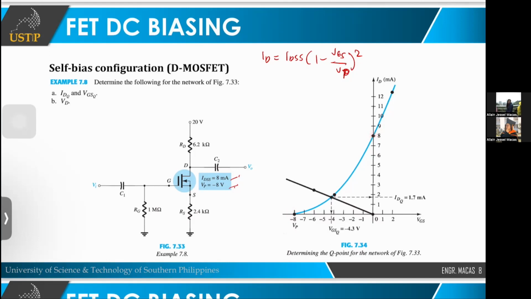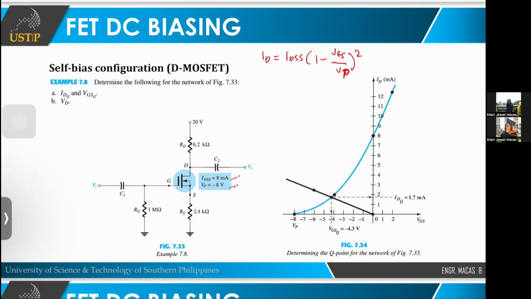Then this one assumes VGS is 2, and the value of your ID is around 12.5. And this point assumes negative 4 for VGS. So, plotting that, this is what is plotted. Actually, you can assume any value between negative 8 and 0, then you get the values here.